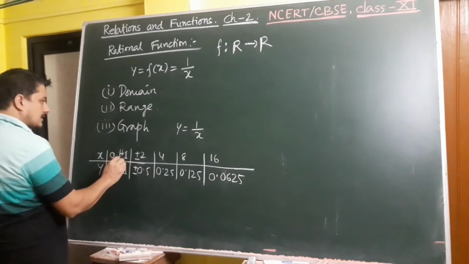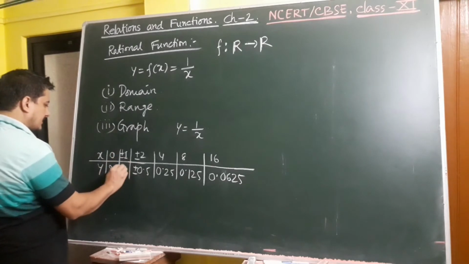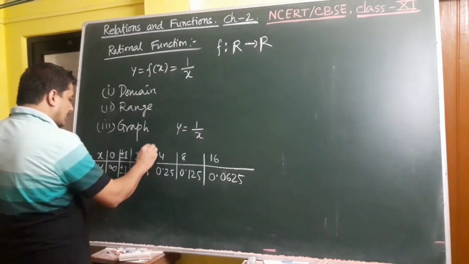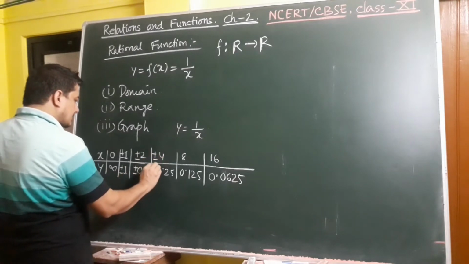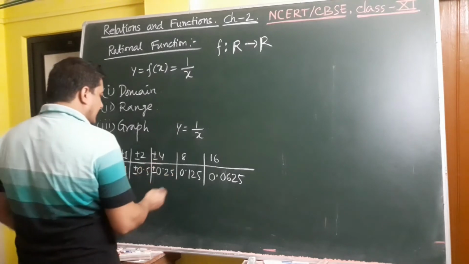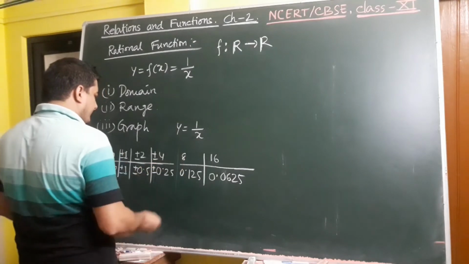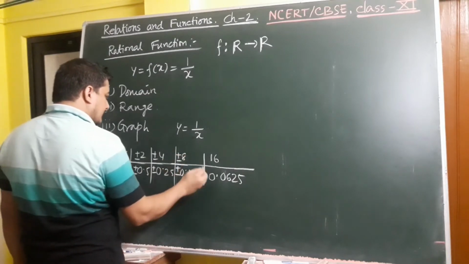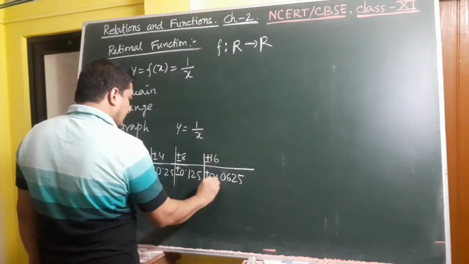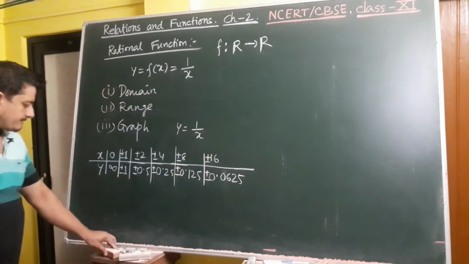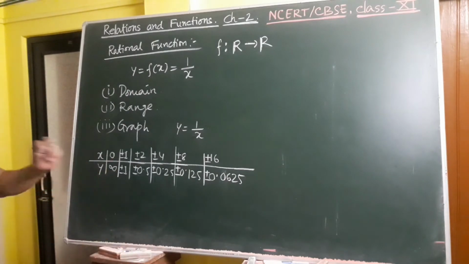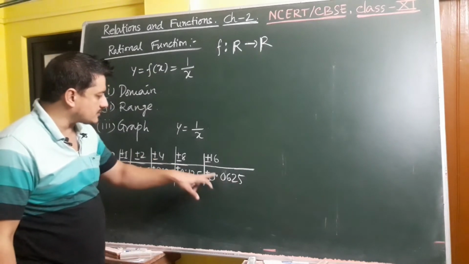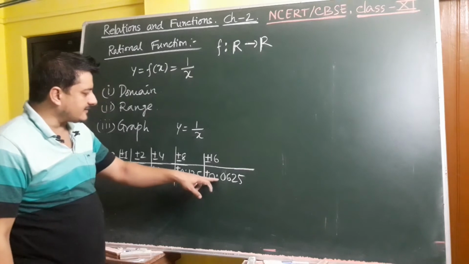So here it is plus minus 1, here also it will be plus minus 1, and everything will be plus minus. For plus 16, it will be plus 0.0625. For minus 16, it will be minus 0.0625.